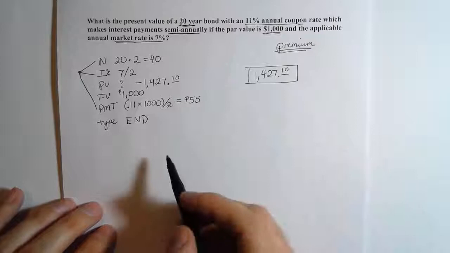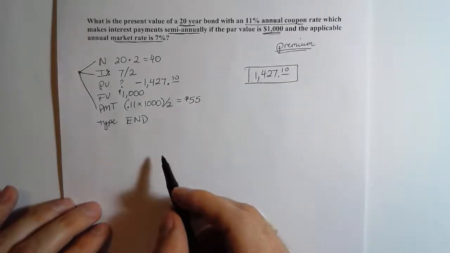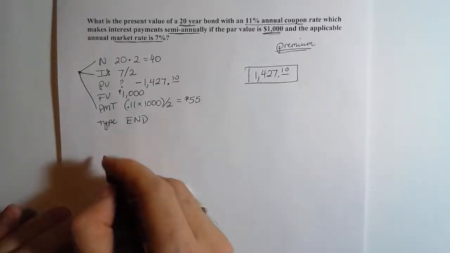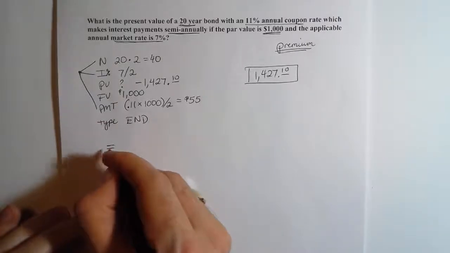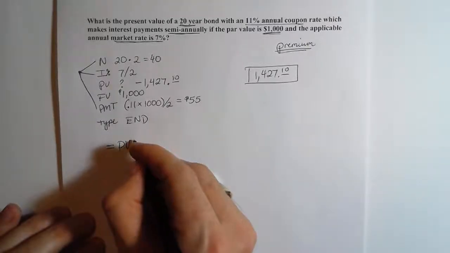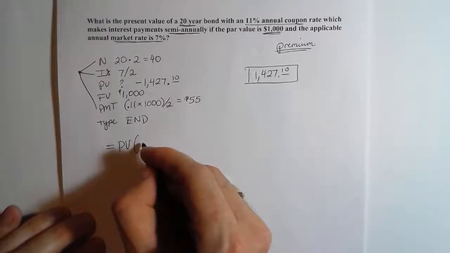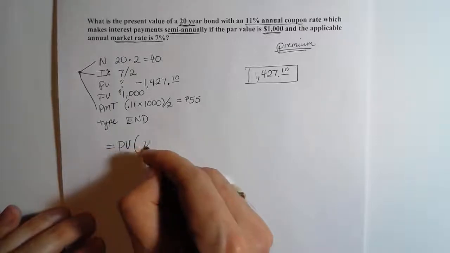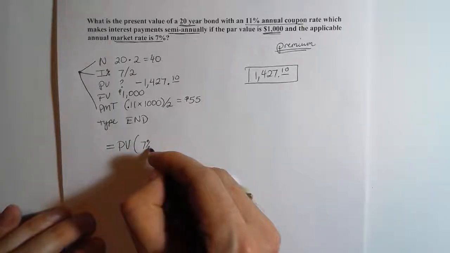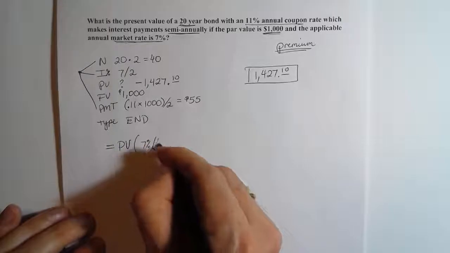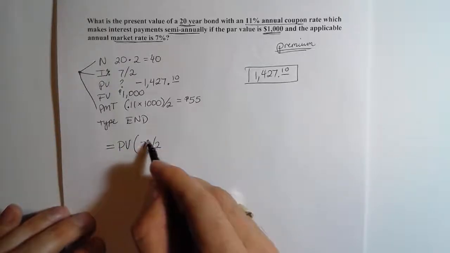So now we can also work this out if you try this in Excel. The way you would set this up in Excel would be equals PV, and then you'd open parentheses, and the first argument you need to put in is the rate. In this case, we do 7%, with the percent sign, divided by 2.